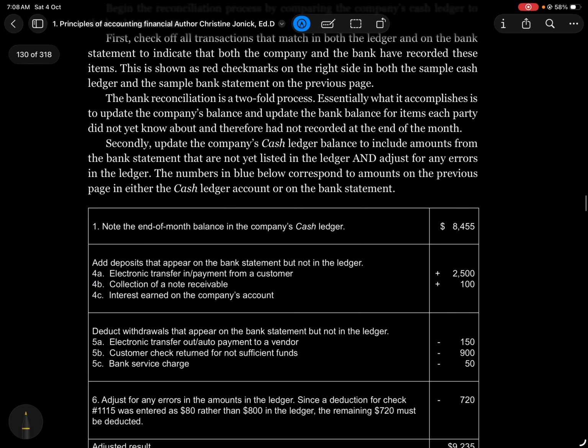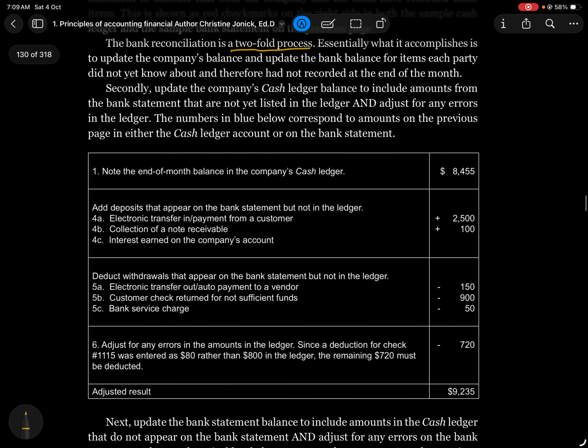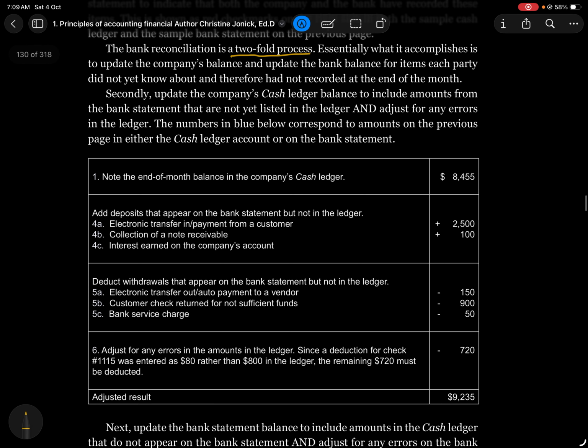So bank reconciliation is mostly a twofold process. Our company's ledger states 8455 as the month end balance, but the bank is saying it's 9235.